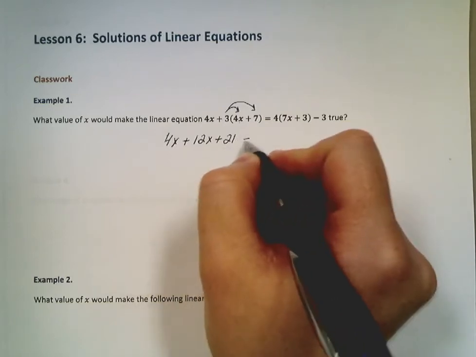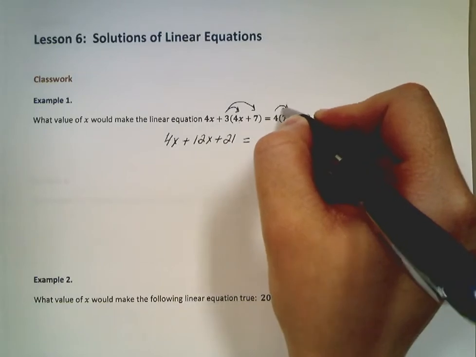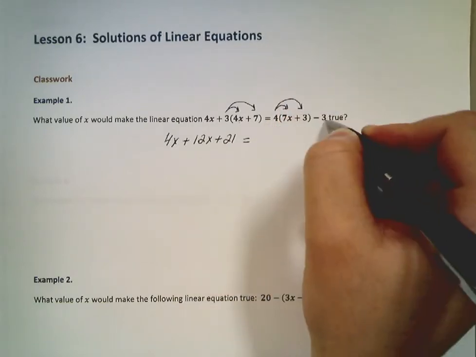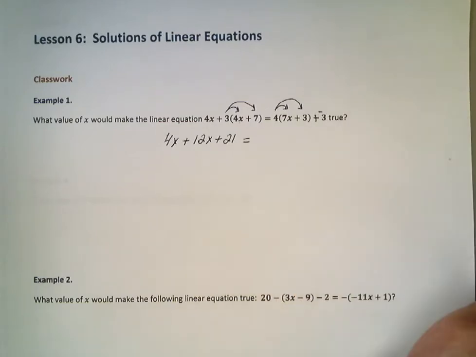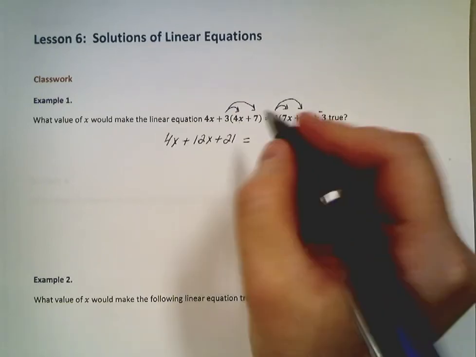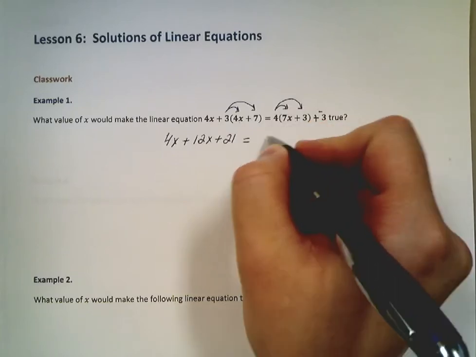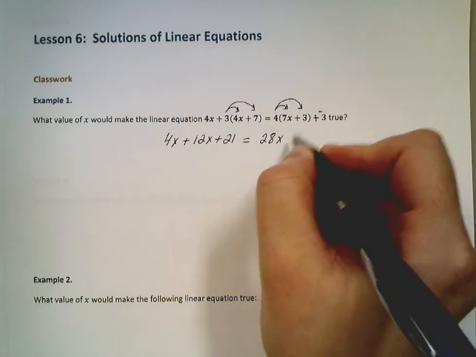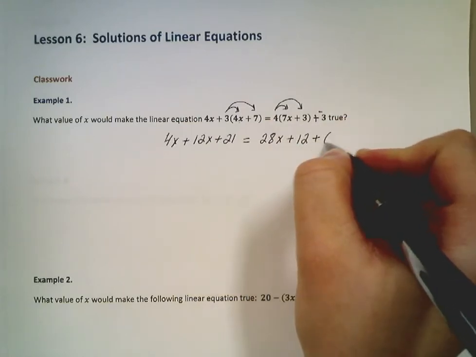On the right side, I'm going to do the same thing, but the distributive property only applies to the 4 and the 7x and 3. That minus 3 is going to be our plus negative 3, and we will just leave it as is and add it to the simplified form. So 4 times 7x is 28x. 4 times 3 is 12, so plus 12. And then we will add negative 3 to it.